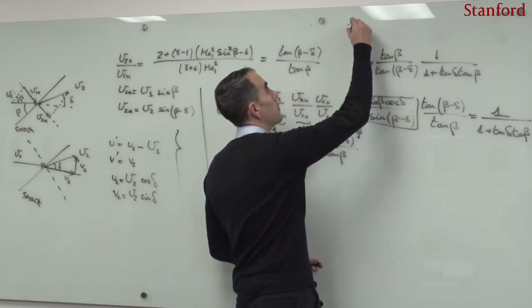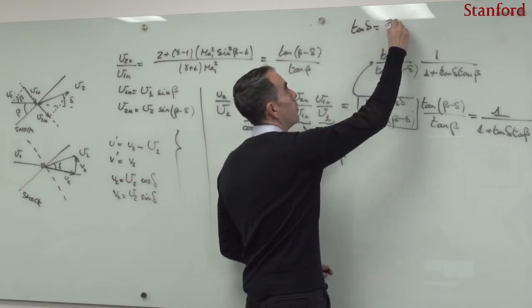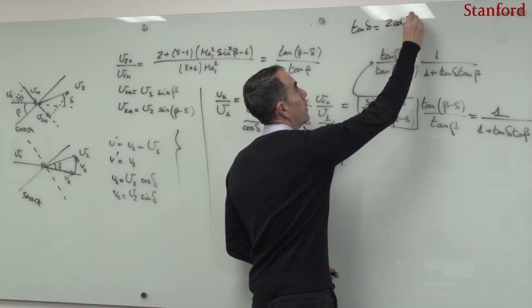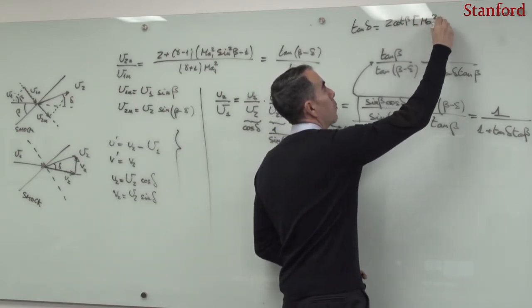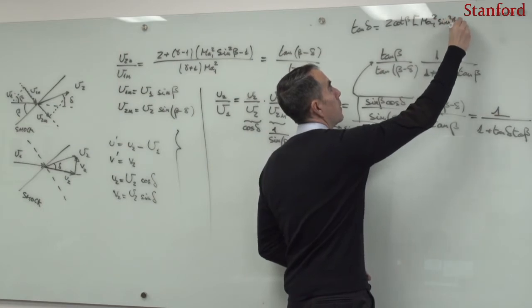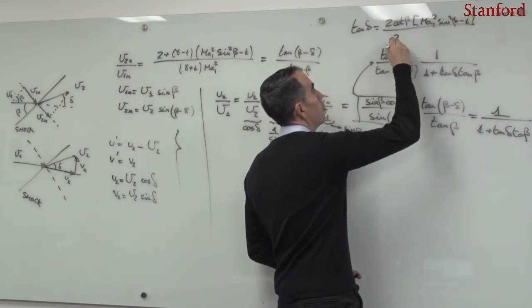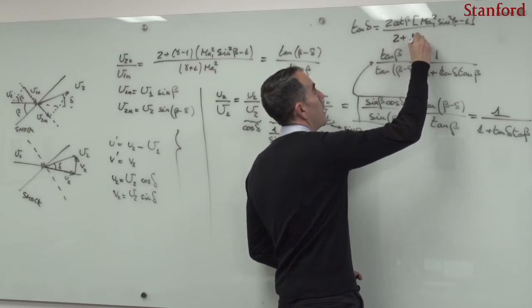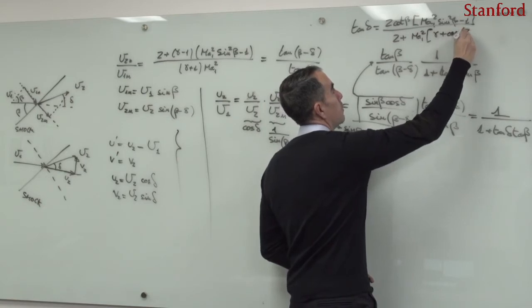This relation is that the tangent of delta is equal to 2 multiplied by the cotangent of beta multiplied by (Mach 1 squared sine squared of beta minus 1) divided by (2 plus Mach 1 squared multiplied by (gamma plus the cosine of 2 beta)).